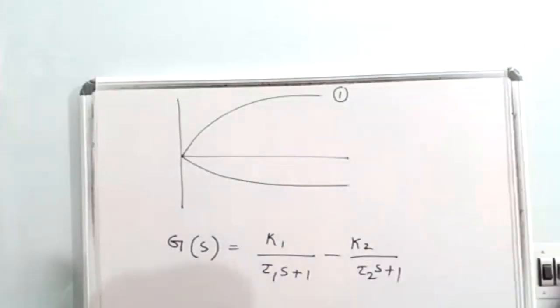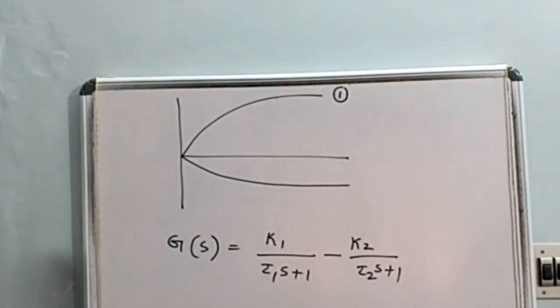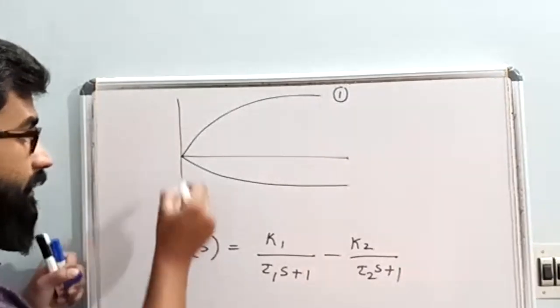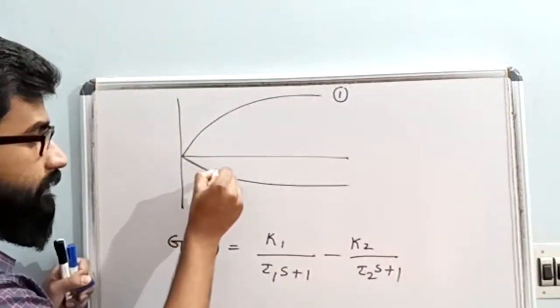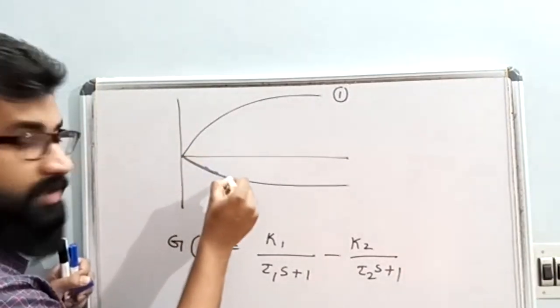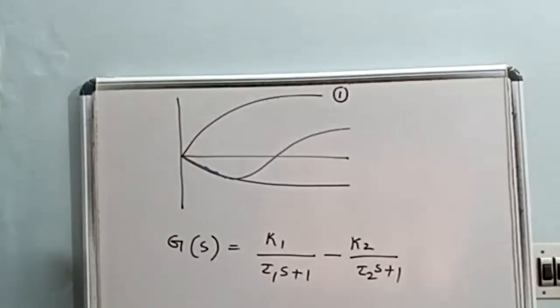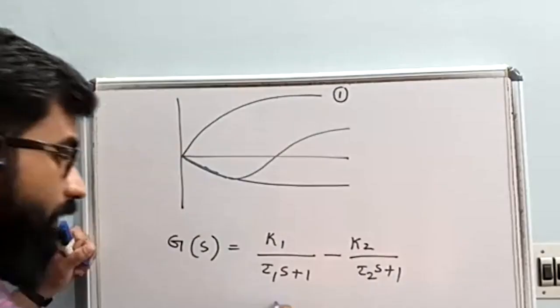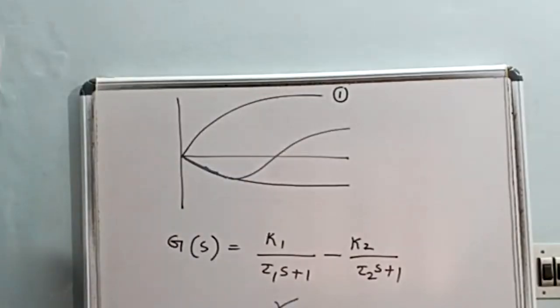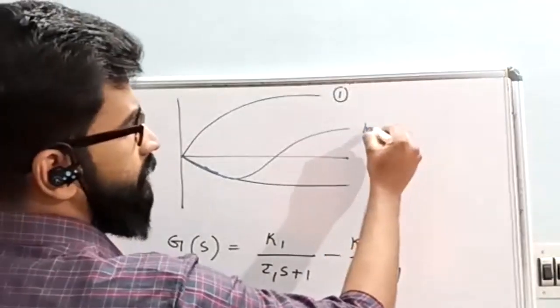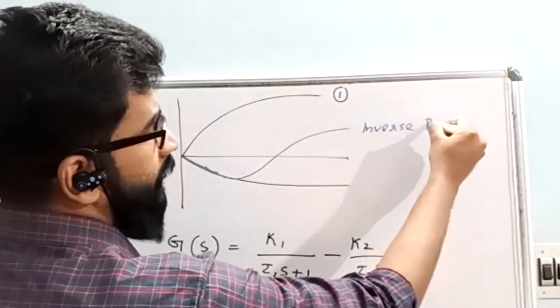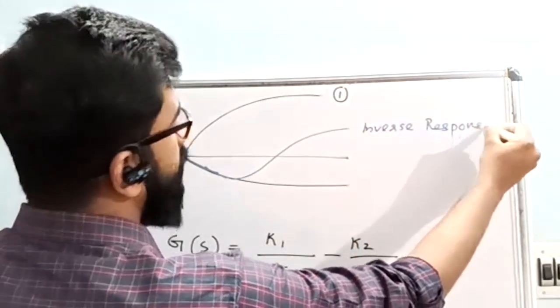Now, when you compare both of these systems, inverse response means initially our system will follow this response, then it will go to the other response. So this is your inverse response diagram.